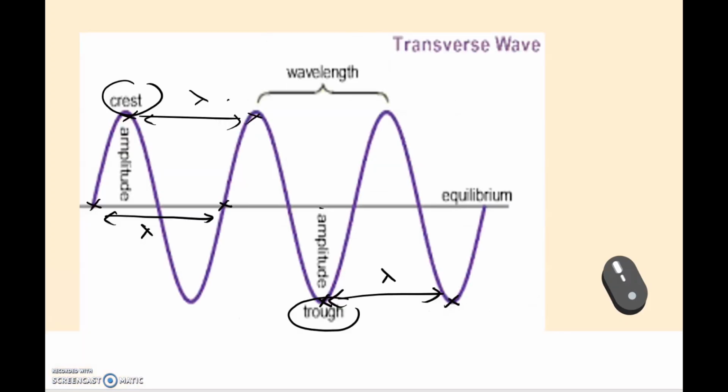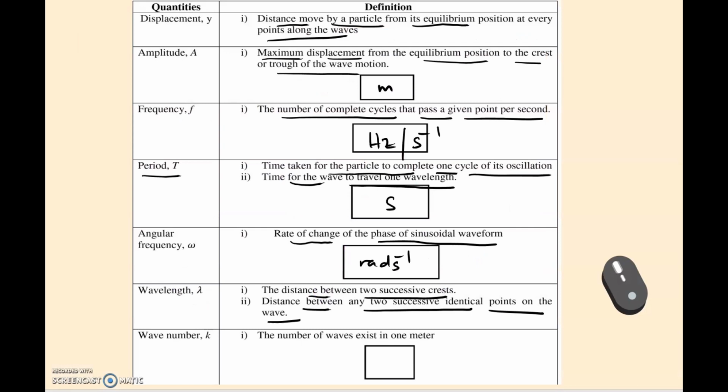The distance from equilibrium to equilibrium that takes one complete oscillation, or the distance from crest to adjacent crest, we also call the wavelength, or from trough to trough. Remember, wavelength is the distance between two successive crests or two successive troughs.